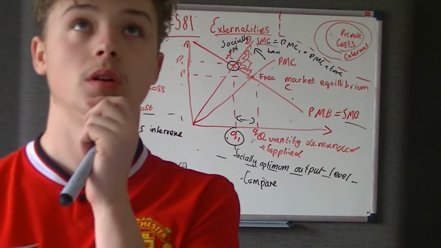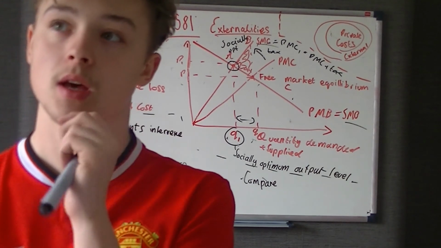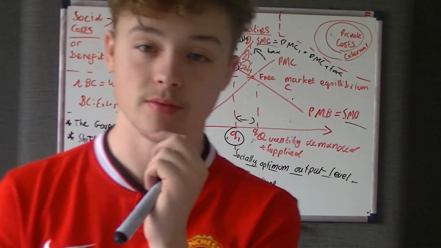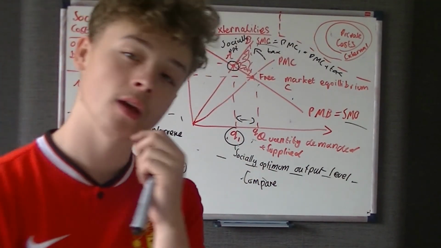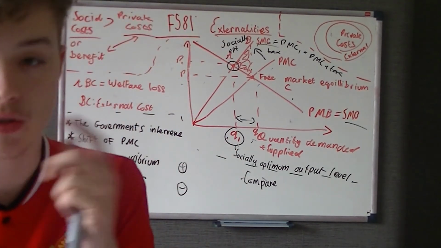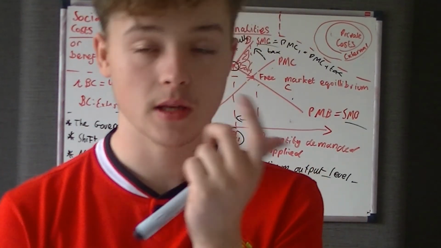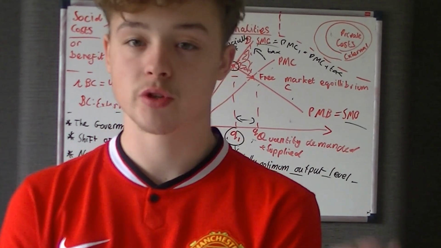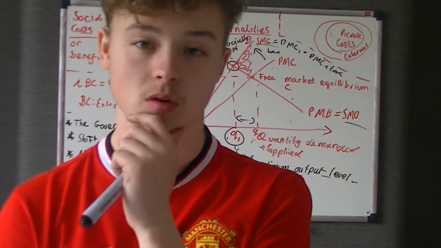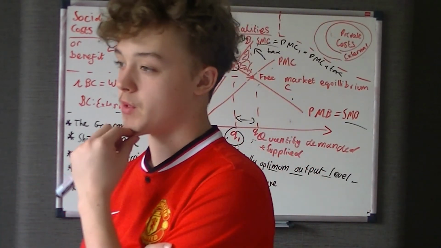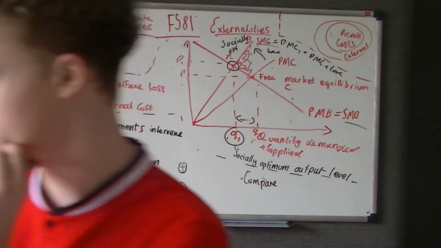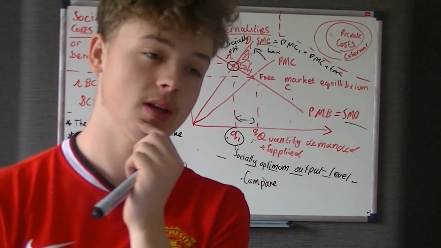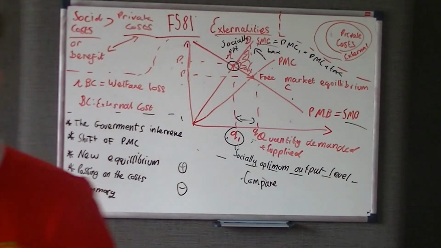This is assuming the tax is equal to the value of the negative externality. And your final paragraph is summing it up, saying, in summary, the overproduction has been corrected from Q to Q1. So this means there is no longer inefficiency, and the market is no longer failing.